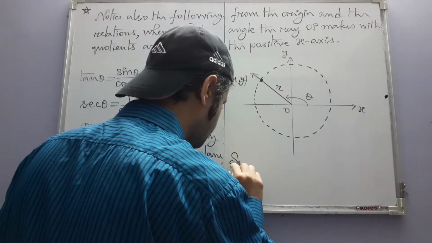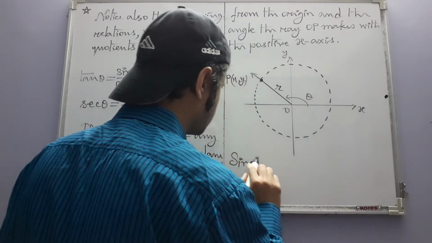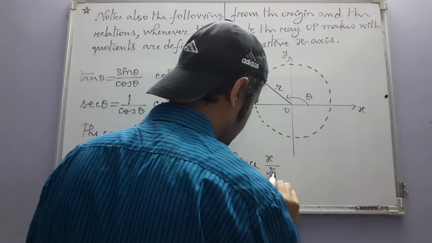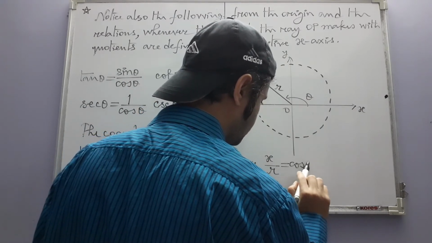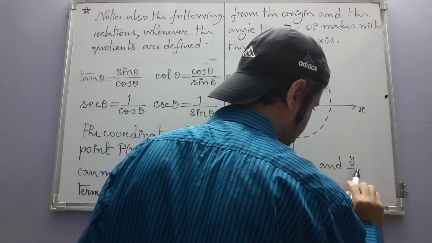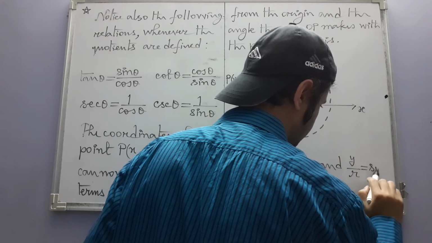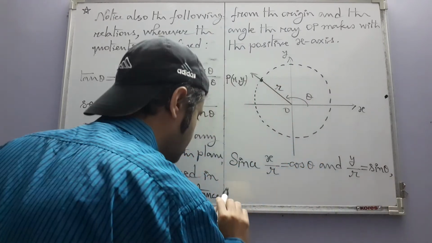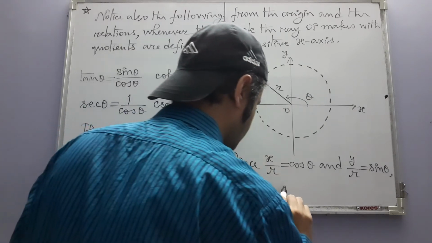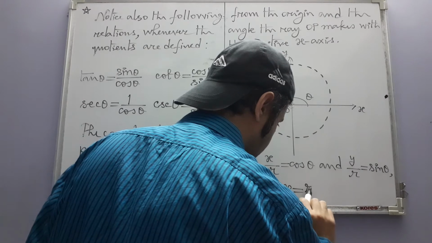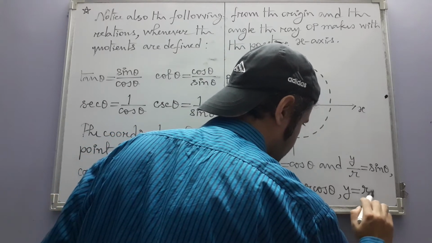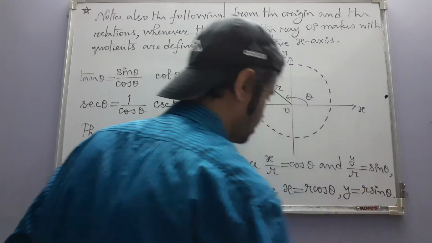So writing cos first, x divided by r equals cosine of theta and y divided by r is sine of theta, we have x equal to r cos theta and y equal to r sine theta.